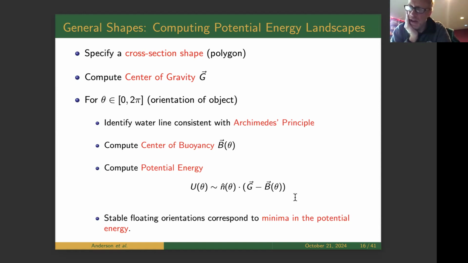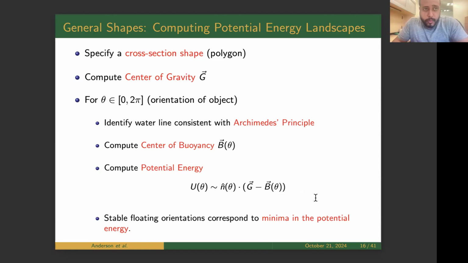But other than that, we don't have any direct way that we're computing a minimum. So we have the function numerically, and we just sort of directly identify where the local minima are. And it's just of one variable, this rotation angle.